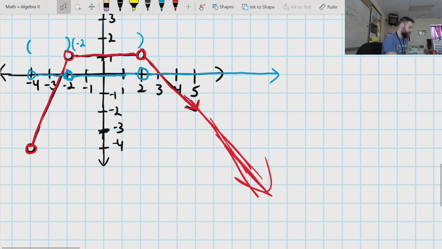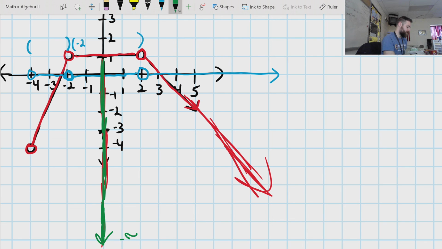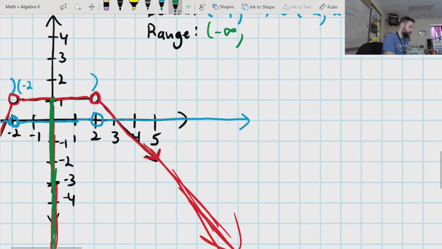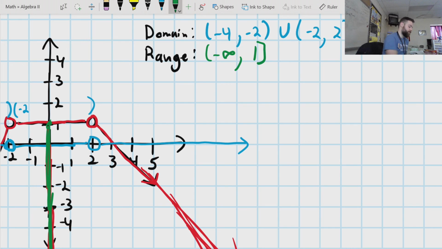So I've got outputs from -infinity all the way up to 1. So I'm going to do that in green actually, so you can kind of see the distinction between the colors. So -infinity to 1. You read range from bottom to top, so -infinity to 1.